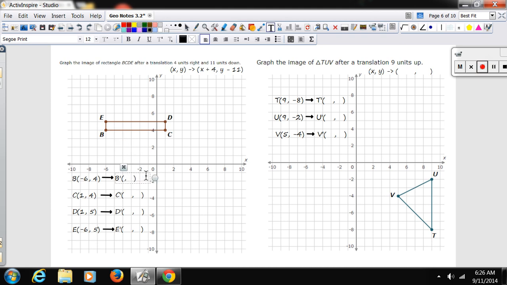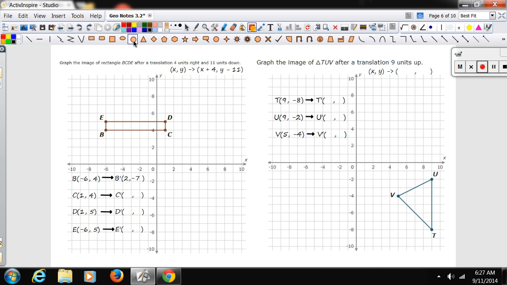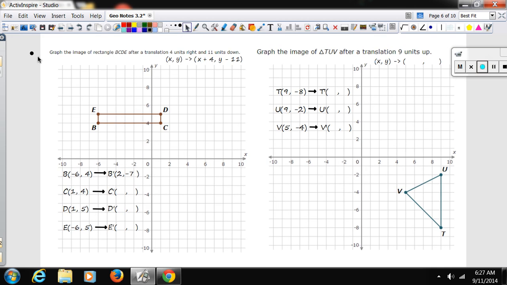It's going to be a 2. And my subtracting 11 is going to put me at negative 7 for my y value, so 2, negative 7. So I could go to that point on my graph. So I'm going to go over 2. I'm sorry, it's negative 2.